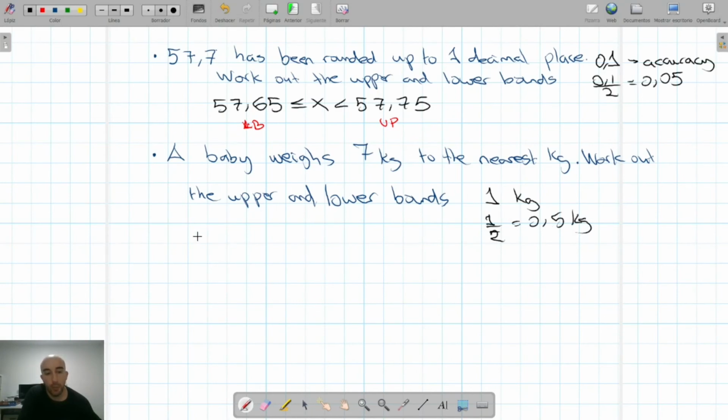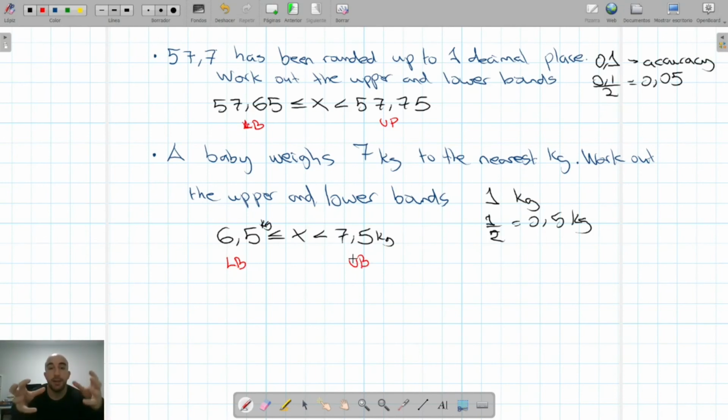And then how do we calculate our upper and lower bound? 7 minus 0.5 is 6.5. 7 plus 0.5 is 7.5. Again, kilos, if you wanted to include the unit there. So this is my lower bound, and this is my upper bound.